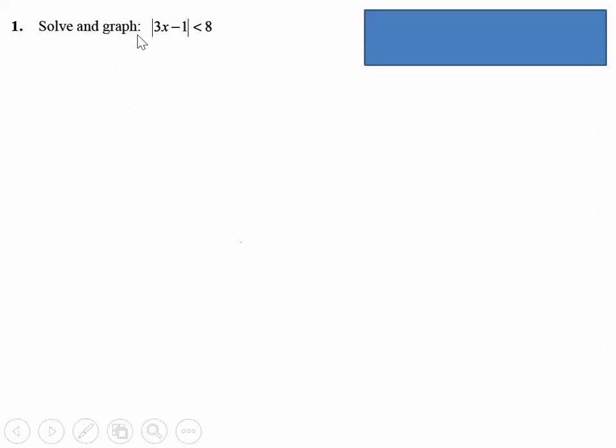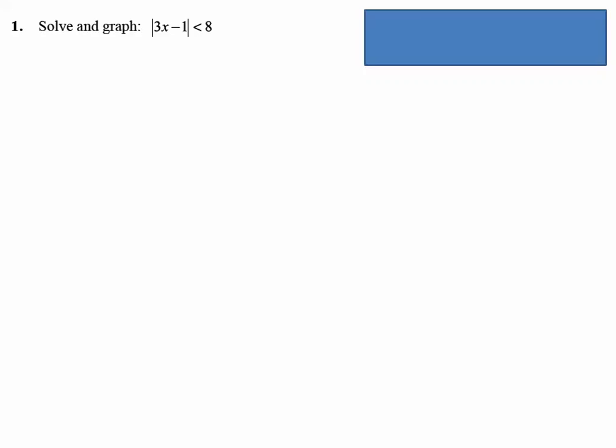So we've got the absolute value of 3x minus 1 is less than 8. And again, the first question out of your mind should be, is this an AND statement or an OR statement?